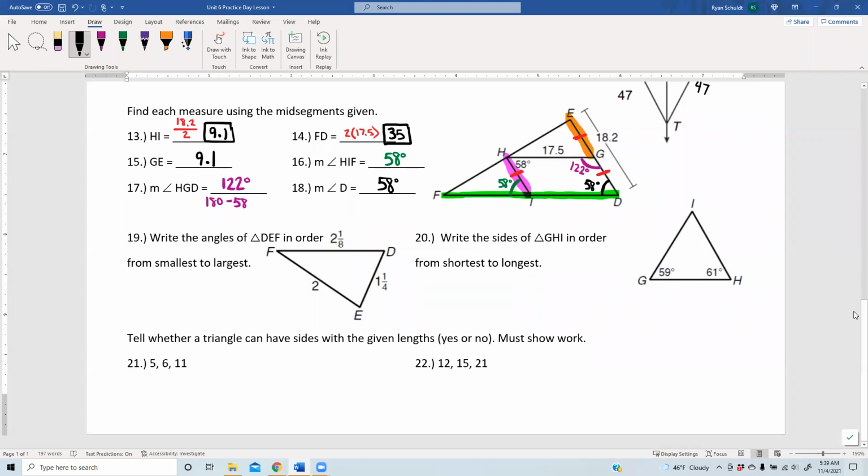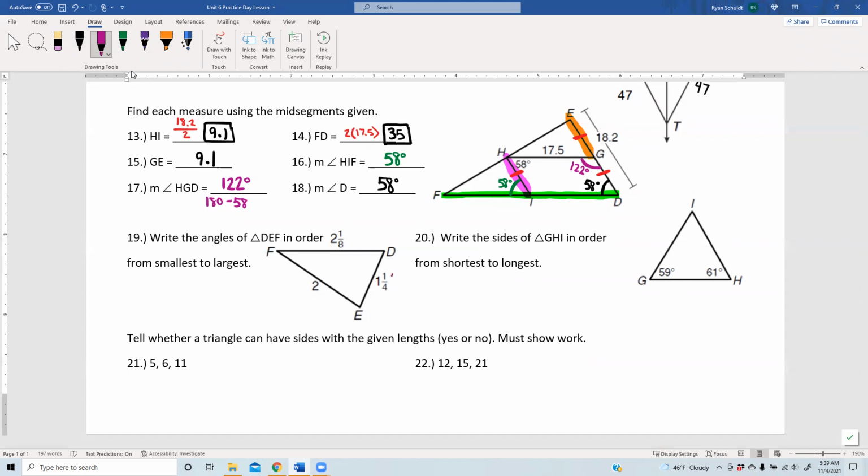Number 19. They want us to write the angles of DEF in order from smallest to largest. Now remember, when you're doing your smallest to largest, you want to start by looking at the smallest side. Which one is my smallest side?